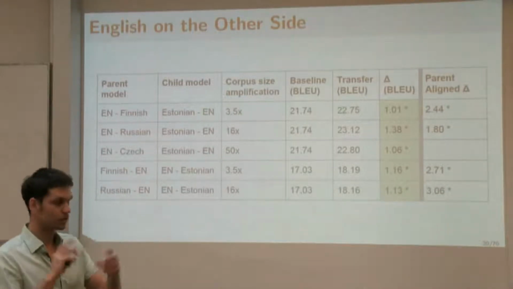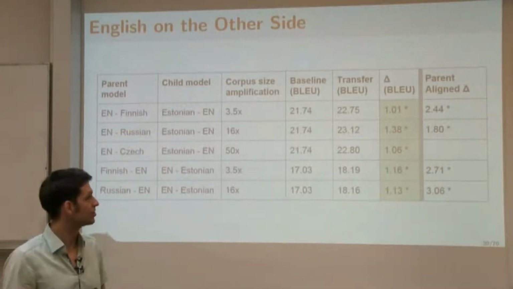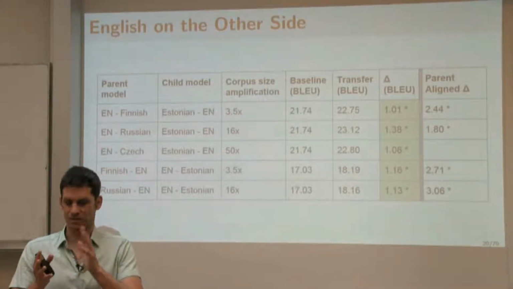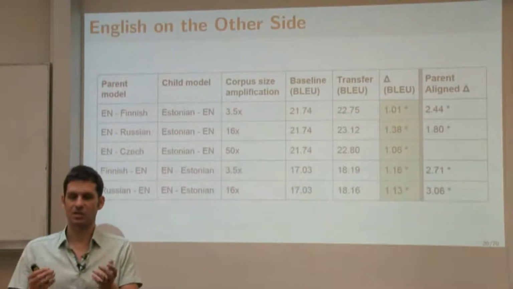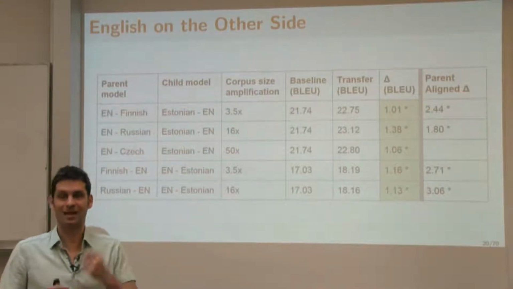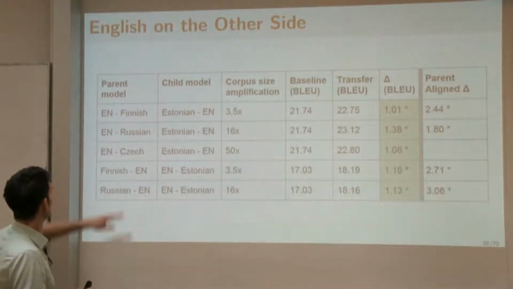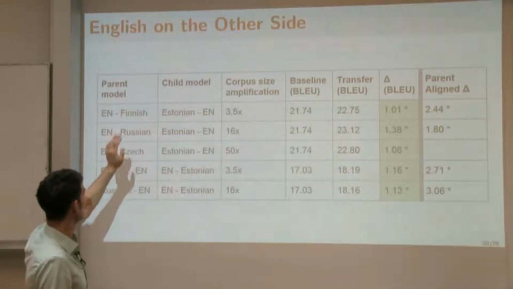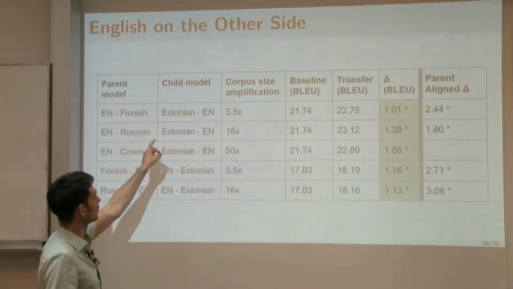But we also tried to swap the position of English. So now the parent is always some language with English, but the English is on the other side in the parent than it is in the child. For example, in this experiment, the parent model is English into Finnish, and the child model is Estonian into English.